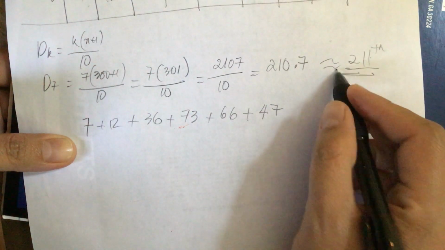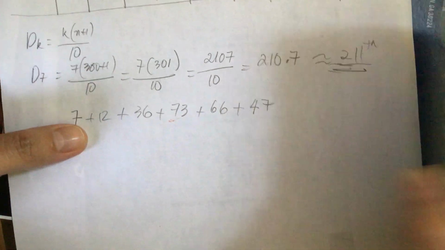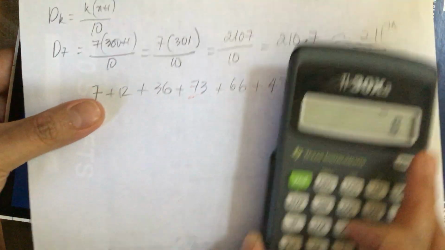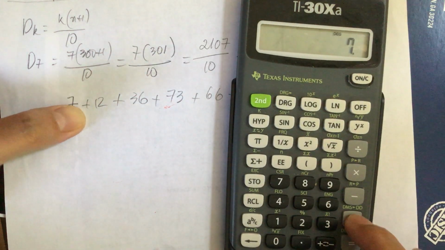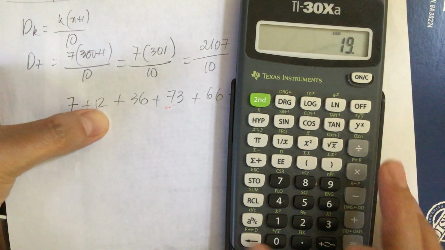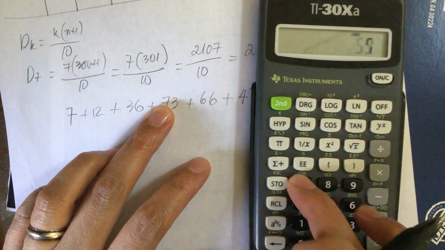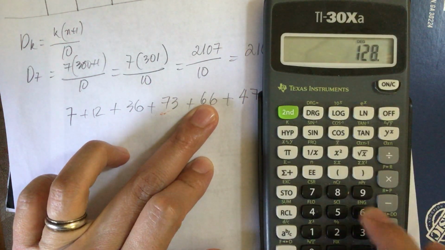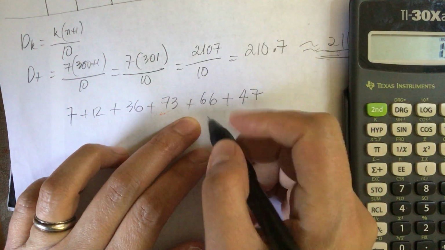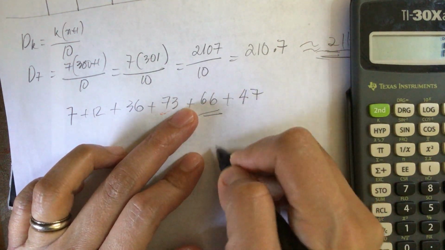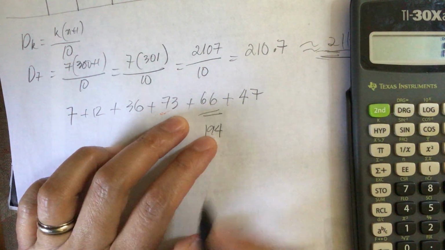Now let's see if we get to the 211th place. So let's add 7 plus 12 plus 36 plus 73 plus 66. Now I stop right here and we're at the 194th place.